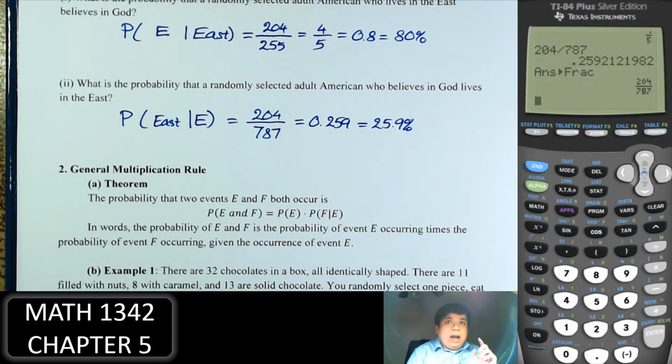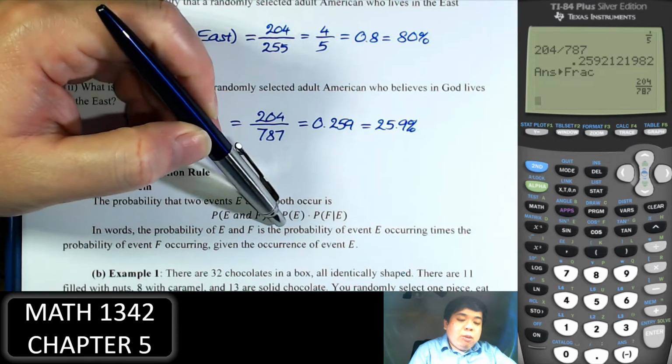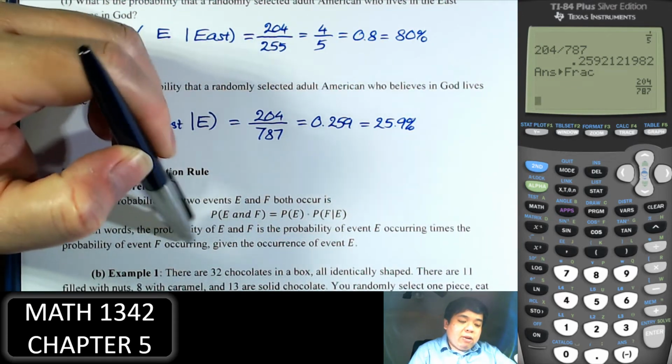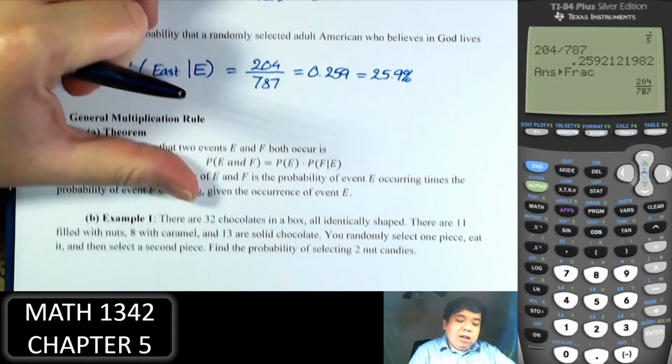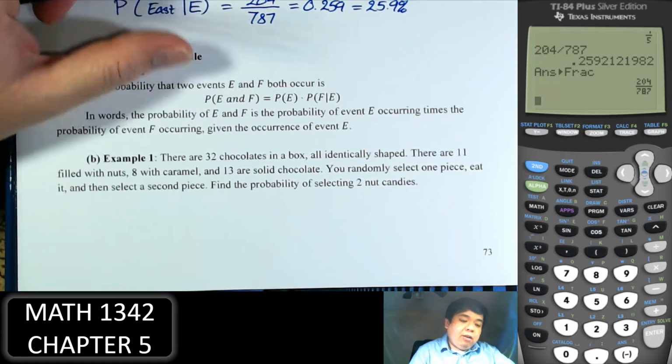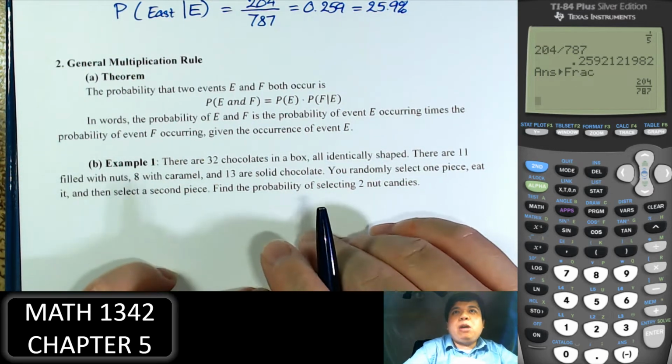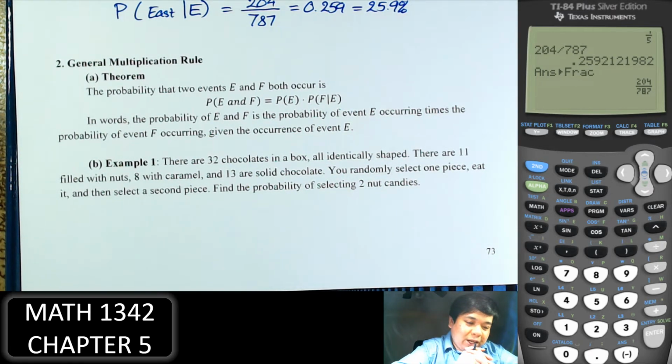By the way, at the end of this chapter, there's a summary of all the formulas we have. In words, the probability of E and F is the probability of event E occurring times the probability of F occurring given the occurrence of event E. There are formulas, nice and all, but sometimes we just do the problem without knowing the formula.